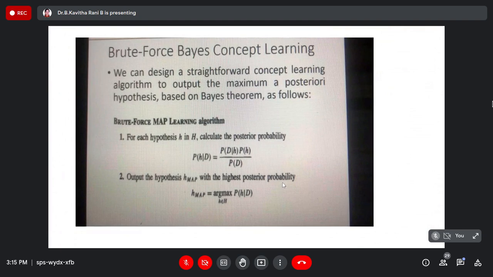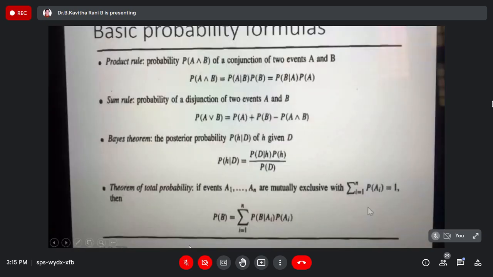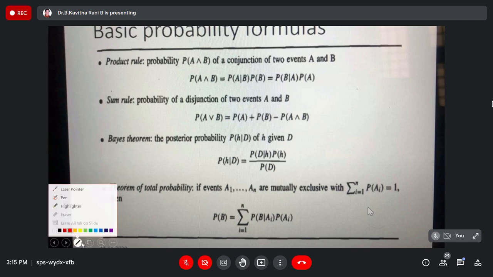So here, the probability of A and B is the probability of A given the details about the occurrence of B, multiplied by the prior probability of B. So that is the formula here, you can see.